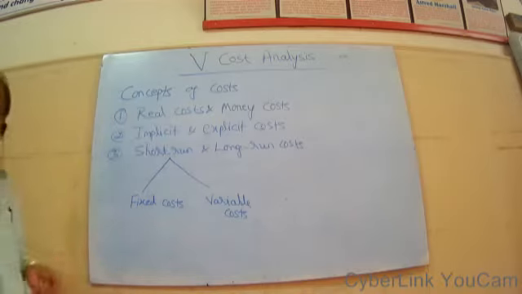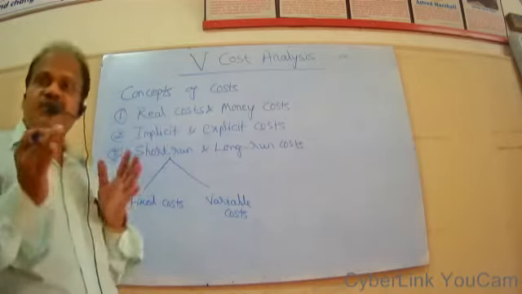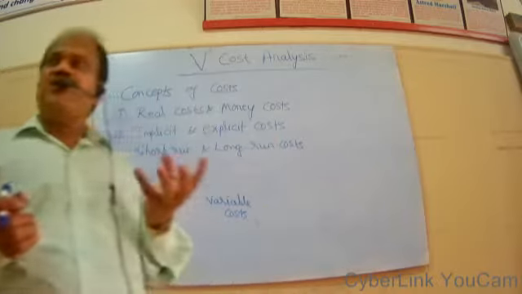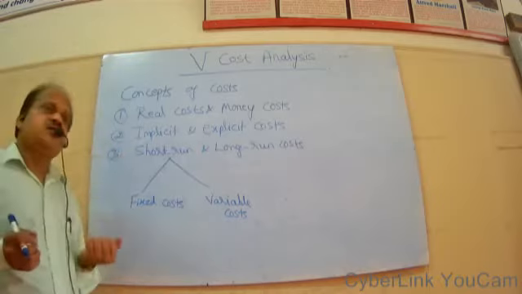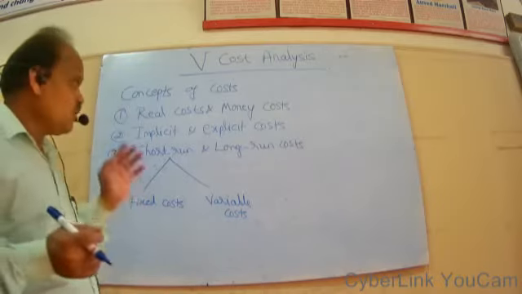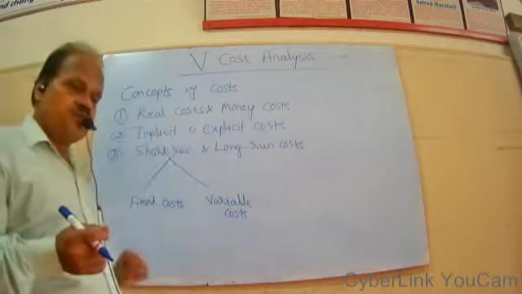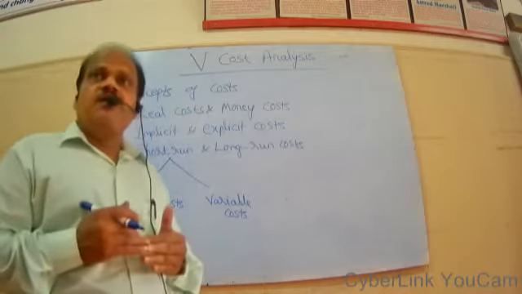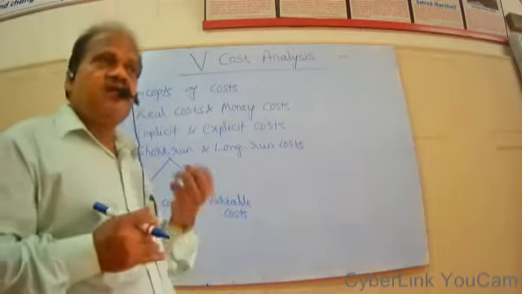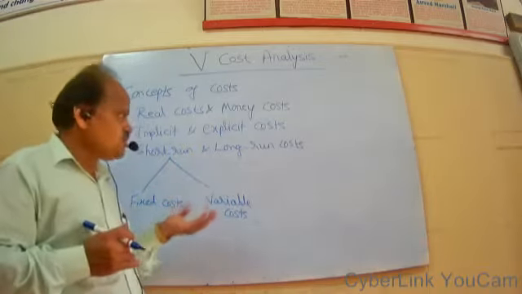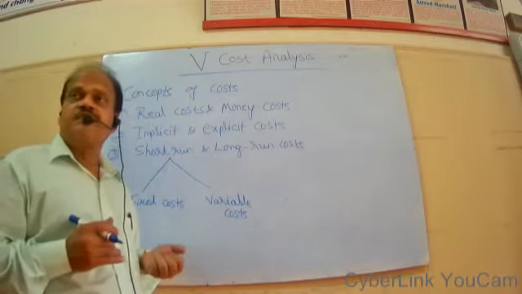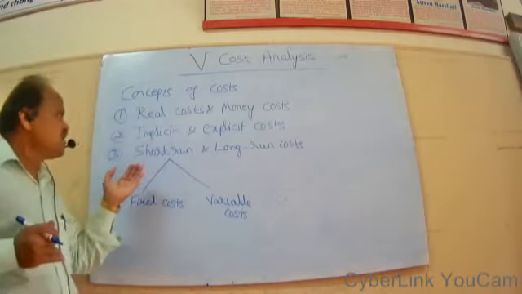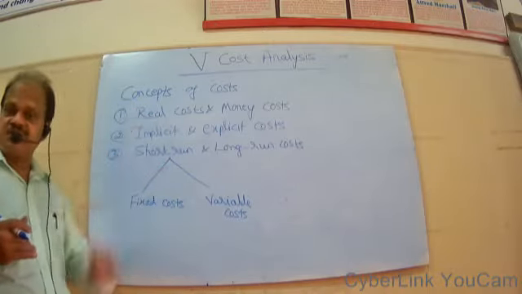What do you mean by real cost? Real cost refers to the cost of tension, commotion, pressure, sacrifice borne by a particular producer. You know very well, production is a very difficult job. Every producer has to bear pressure, commotion, tension, and he has to make some sacrifice while producing goods and services.